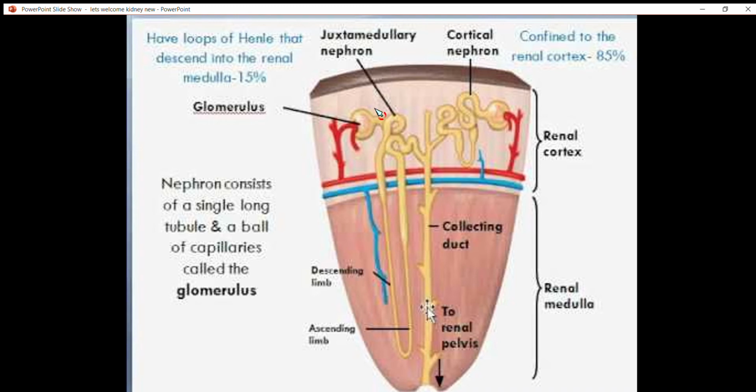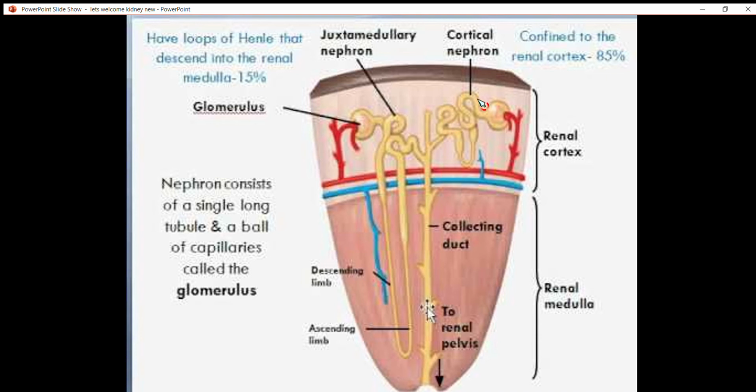This is your PCT, the proximal convoluted tubule. Then we have the loop of Henle dipping deep into the medulla, with the thin portion and the thick portion. Then we have the distal convoluted tubule, and this is the collecting duct, which is going to collect the urine not only from this nephron but also from this nephron.